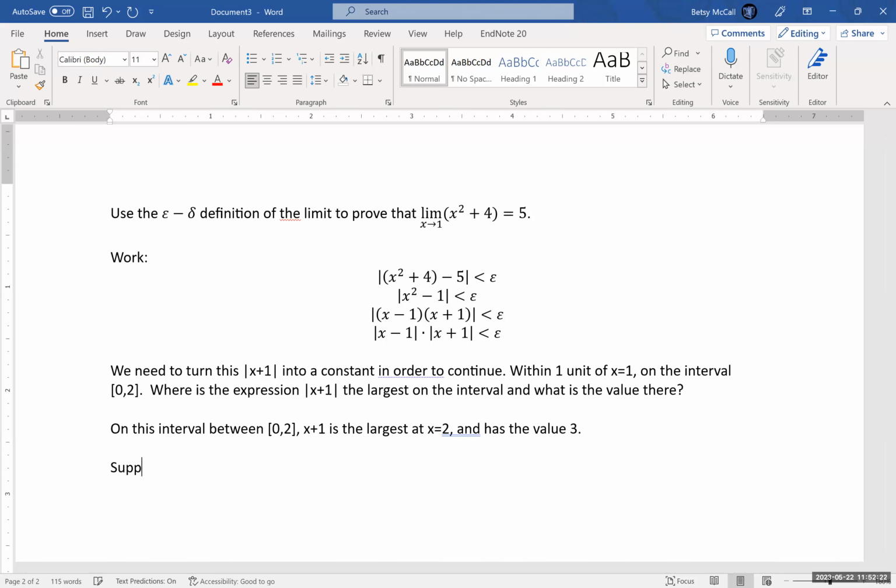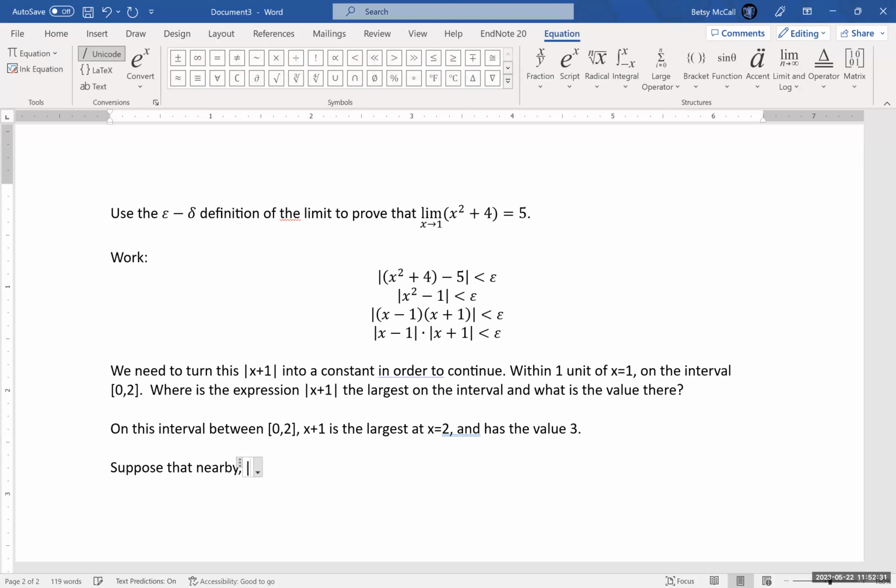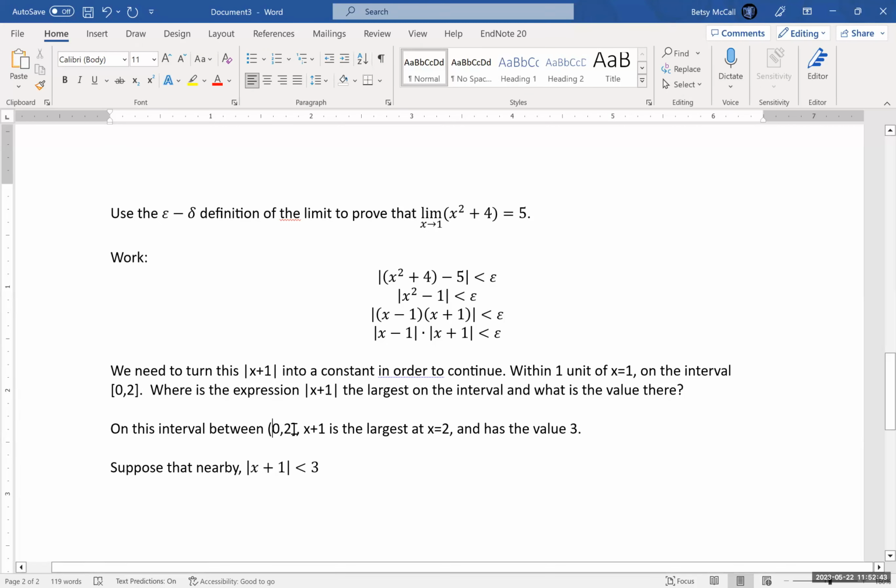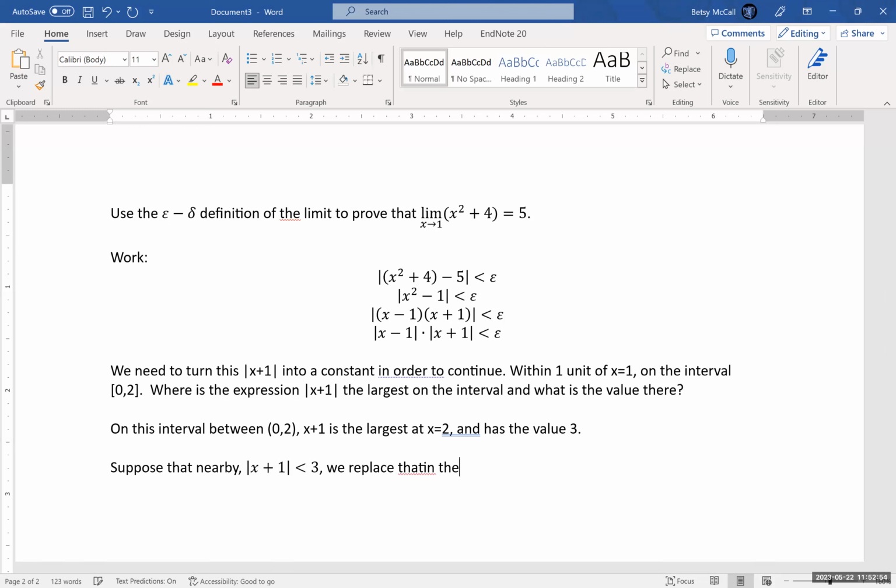So we're going to suppose that nearby, x plus 1 is less than or equal, we'll just say less than 3. So inside this interval, technically you have open intervals, but it doesn't really matter. And therefore we replace that in the expression.